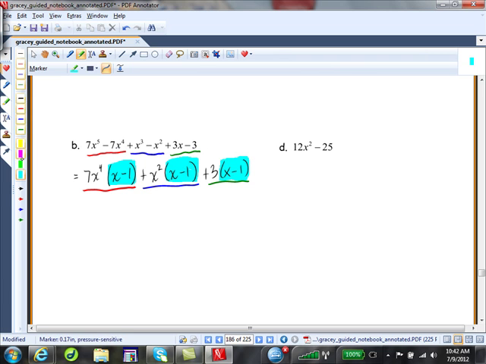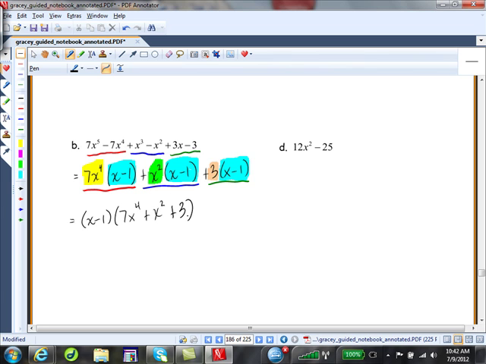This will be our b, our c, and then again we'll have a d in this case. So we will get x minus 1 times 7x to the 4th plus x squared plus 3.